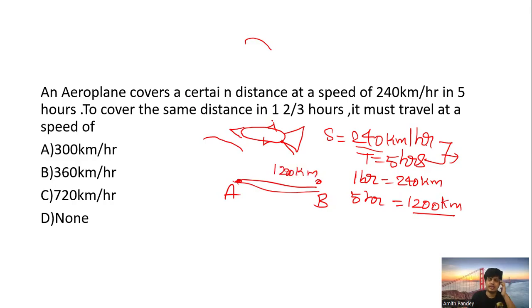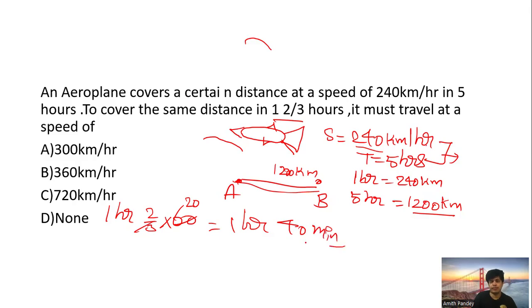Now, to cover the same distance in 1 2 by 3 hours, that is nothing but 1 hour and 2 by 3 hours, which means 1 hour 40 minutes. Fine, let's go ahead. 1 2 by 3 is 3 times 1 plus 2, 5 by 3 hours.